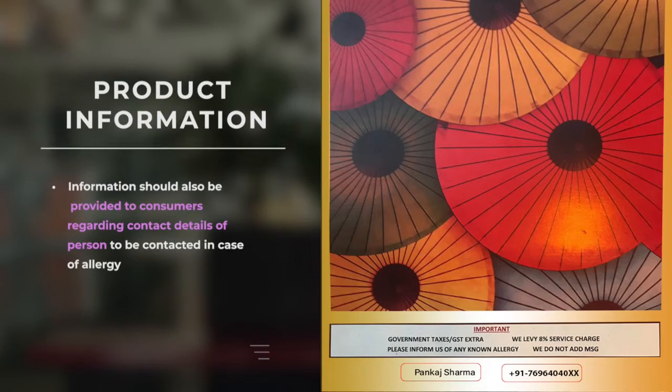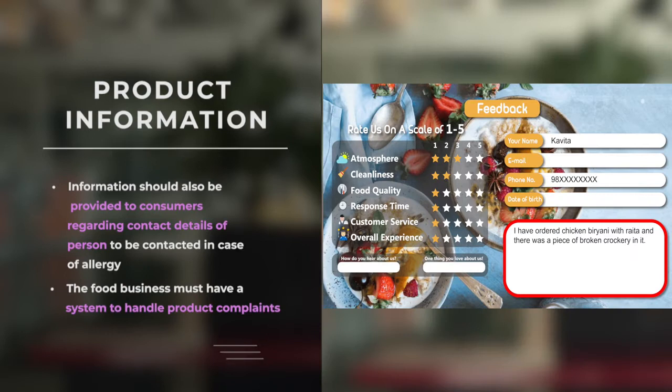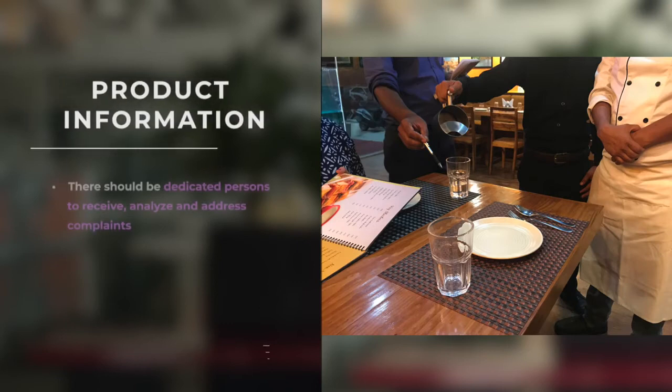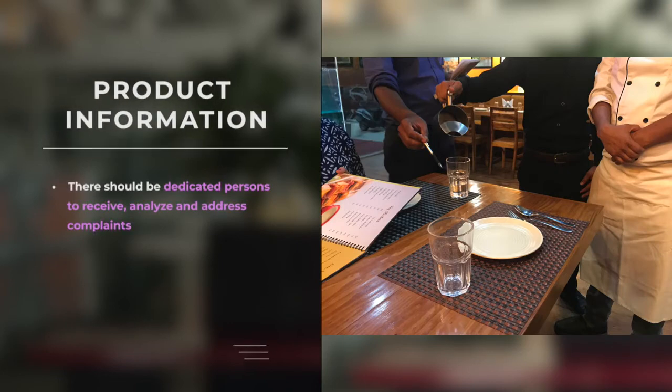Information also should be suitably given to the consumers regarding the contact details of the person to be contacted in case of allergies. The food business must have a system to handle product complaints. There should be a dedicated person to receive, analyze and address the complaints.